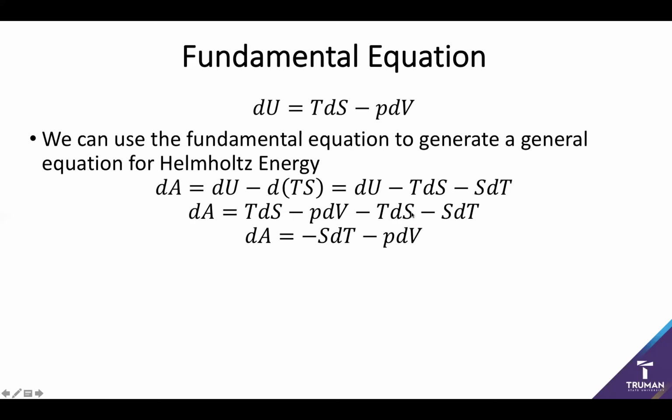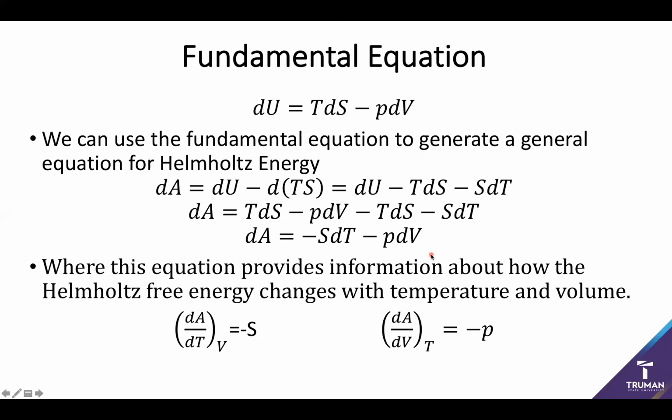So our Helmholtz has its own fundamental equation where the Helmholtz free energy changes with temperature and volume. Similarly, we have an expression for how the Helmholtz free energy changes with temperature, and it turns out, ta-da, it has a dependence on entropy.